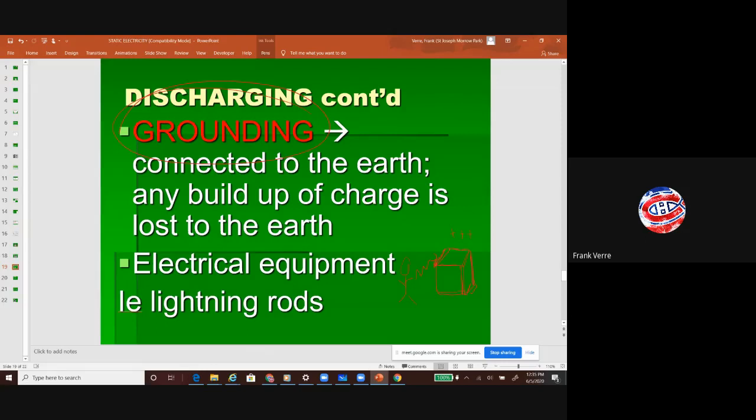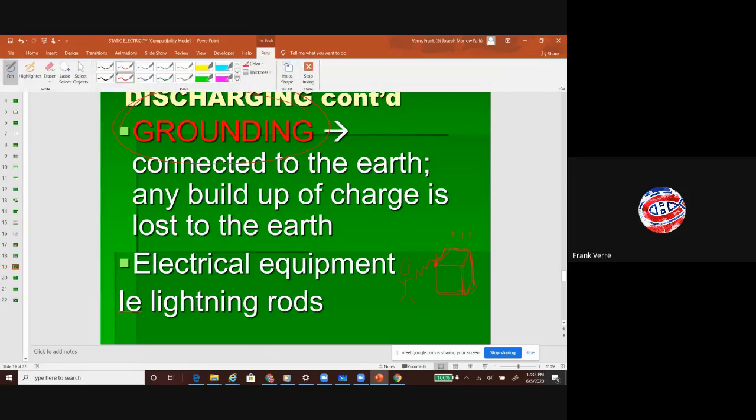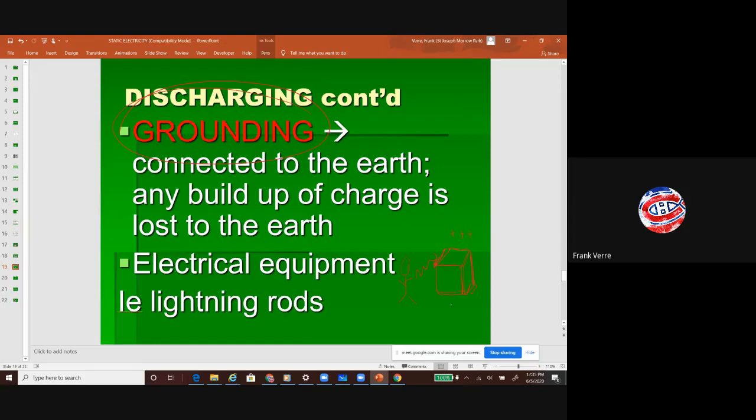But grounding is a safety feature. In grounding, the appliance is literally connected somehow to the earth.